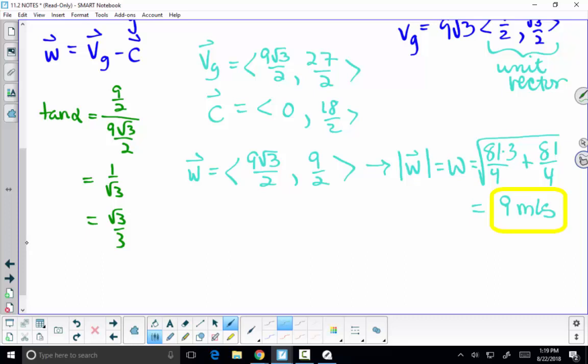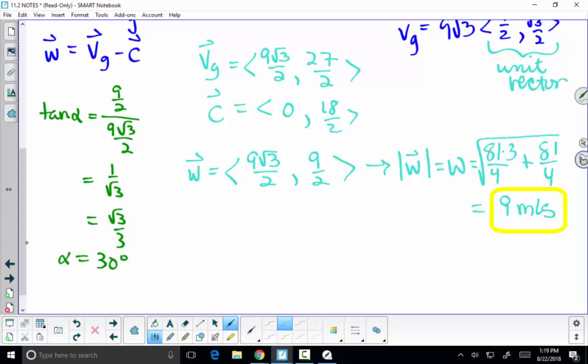You should be familiar with the fact that at 60 degrees, that slope is √3, and at 30 degrees, that slope is 1/3 of √3. So if we have tangent of theta equal to √3/3, we know that our angle's at 30 degrees. And if we're at 60 degrees, our tangent is √3. So we're sitting at an angle alpha of 30 degrees.